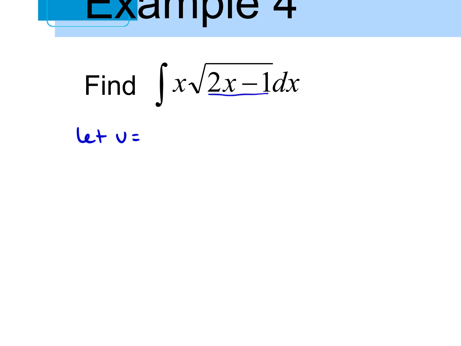So u is going to be the inside, so 2x minus 1. What's du equal to then? What's the derivative of u? The derivative, so 2 dx.